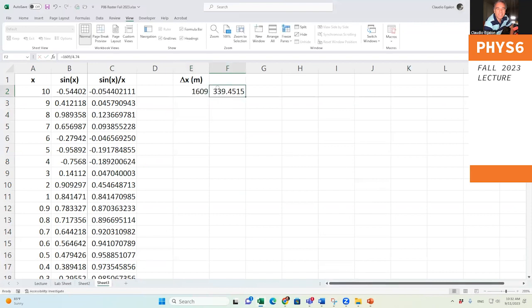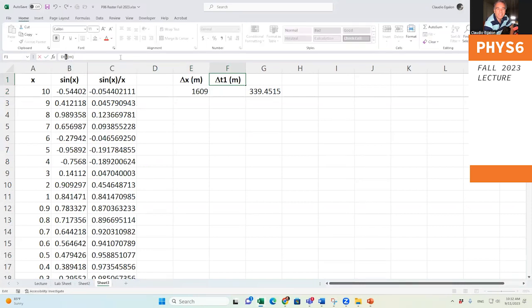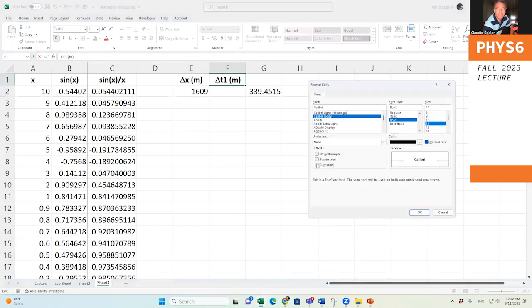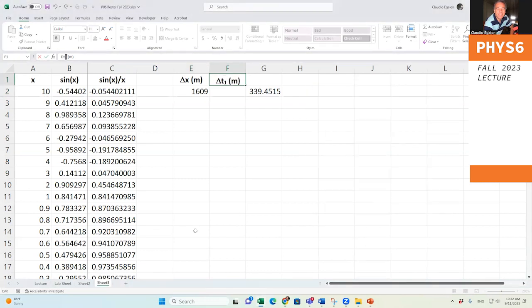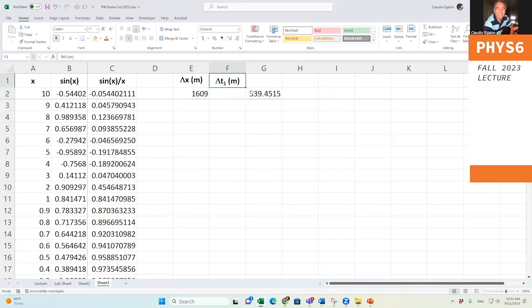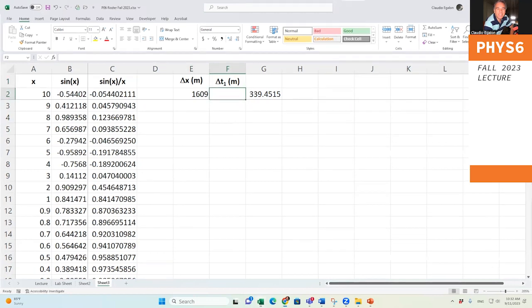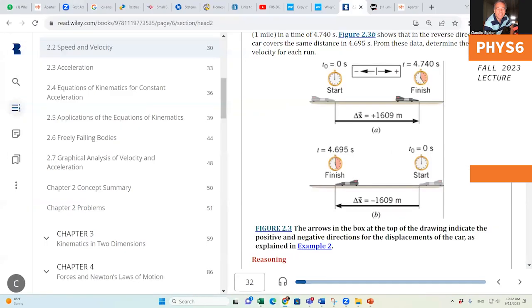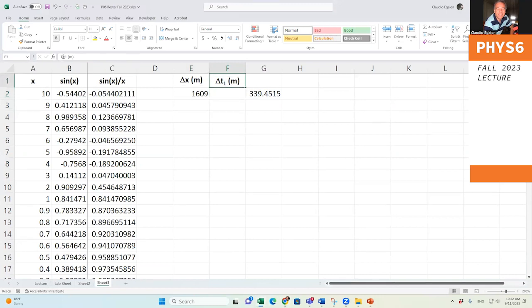I'm going to move this right in here. Delta T1. I want to put it like delta T1 because it was to the right. And then this one was 4.740, not in meters but in seconds.